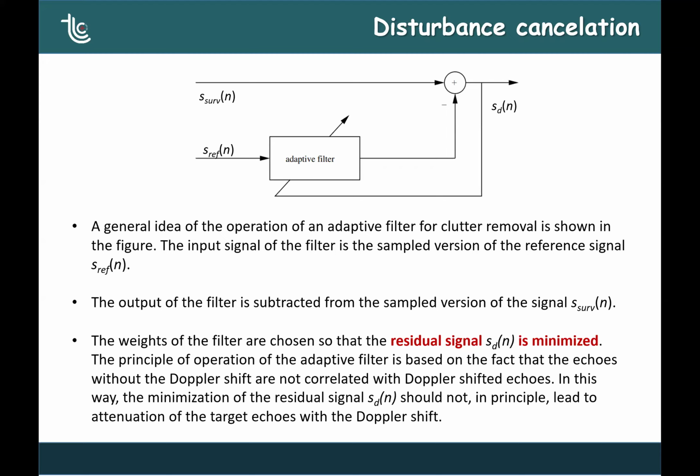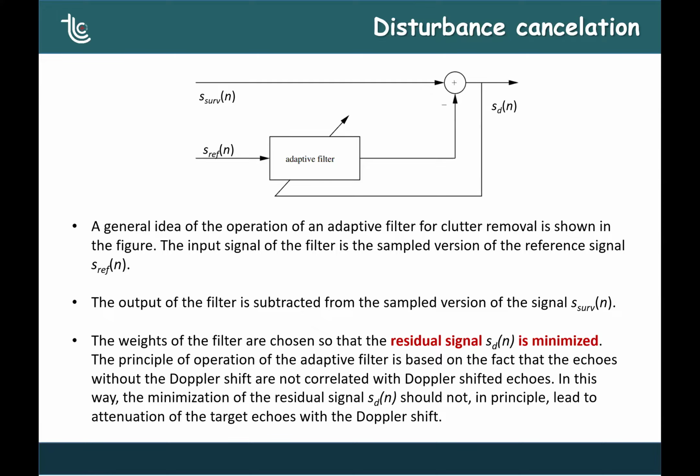But we want to leave in the surveillance channel the signals with a Doppler frequency that is non-zero, because these components are related to the target echoes. So this is the main principle, okay? This is quite important. We need to understand that.